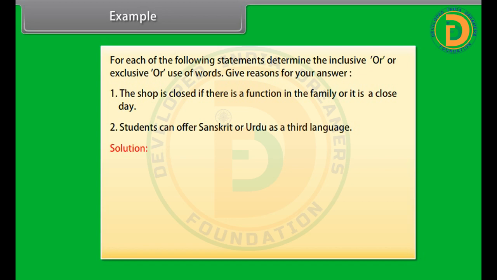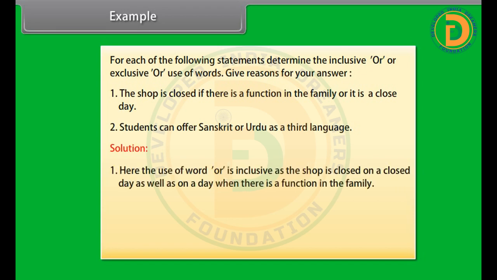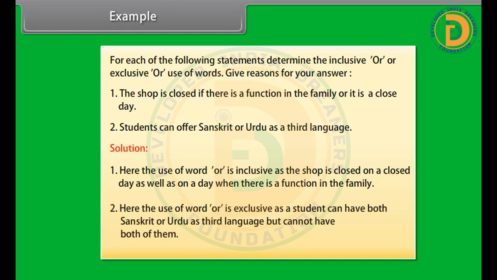Solution: here the use of the word or is inclusive as the shop is closed on a closed day as well as on a day when there is a function in the family. Here the use of the word or is exclusive as the student can have either Sanskrit or Urdu as third language but cannot have both of them.